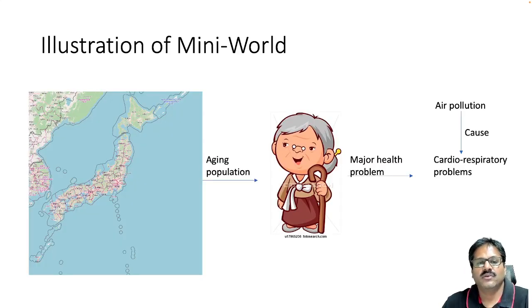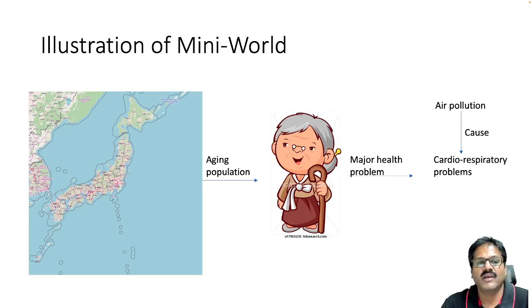Here is one example. In Japan, most of the people are aged; Japan has an aging population. These people have one major health problem: a cardiorespiratory problem, which is mainly due to air pollution.